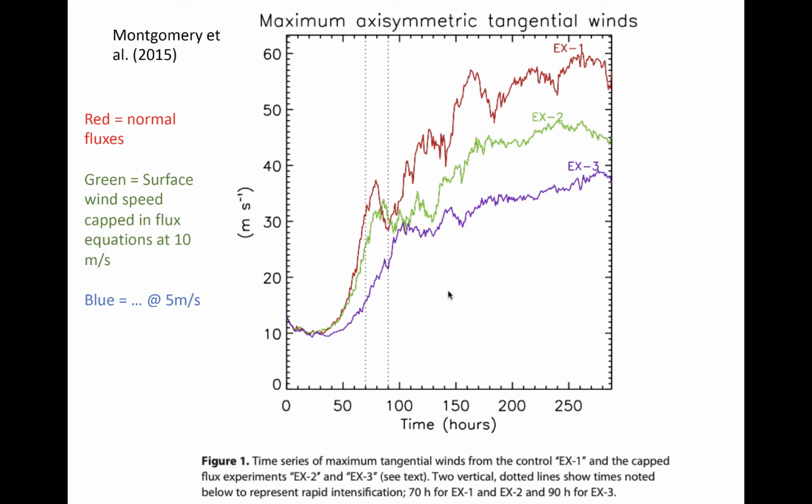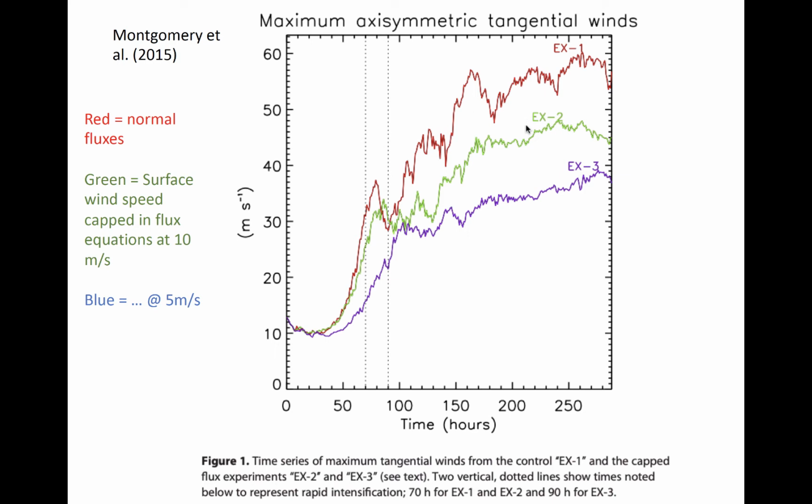Recent numerical simulations have shown that even with dramatically reduced surface fluxes, intensification can still occur. In this figure, 3 plots of TC maximum tangential winds are plotted as a function of time in the numerical simulation. 3 numerical experiments were run. In the first, denoted by the red line, fluxes were allowed to vary with winds as previously shown.